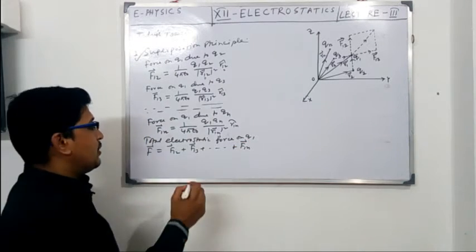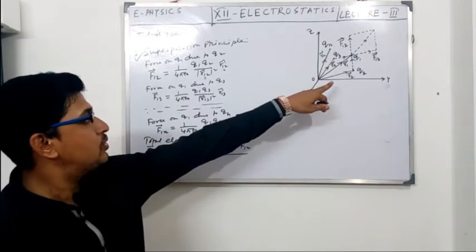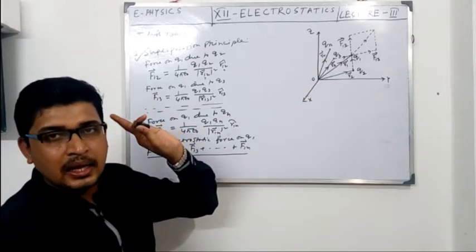This will be the total force on Q1 due to Q2, Q3 and Qn.